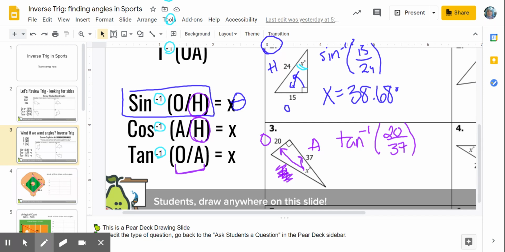So what did you get for your angle? I got 32.7 for the first one. What'd you get for number 3? 28.4?